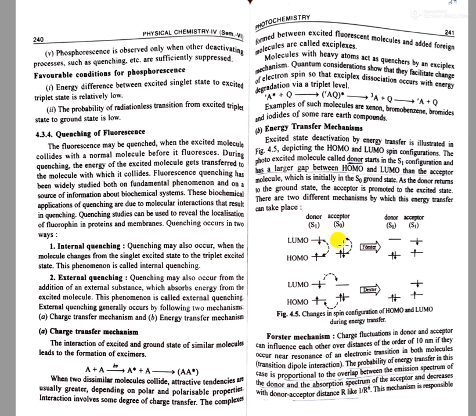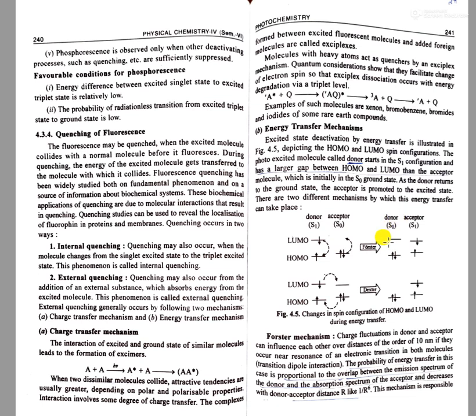So in the Foster mechanism, it is possible that when an electron from the LUMO is being transferred to the HOMO, that is the de-excited state, this excess energy is being transferred to the acceptor. So this is the Foster mechanism. Here we can see the resultant spin changes.